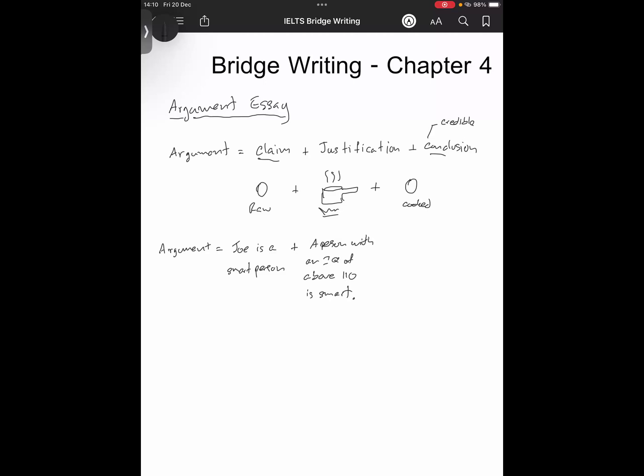Okay, so the next thing I have to do is to provide you with some evidence, just in case some of you may not be familiar with IQ, right? So I need to provide you with some example. Okay, so I'm gonna think of a person. Let me think, a famous person with IQ above 110.